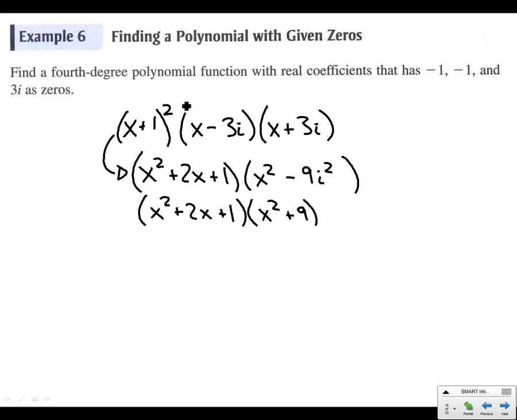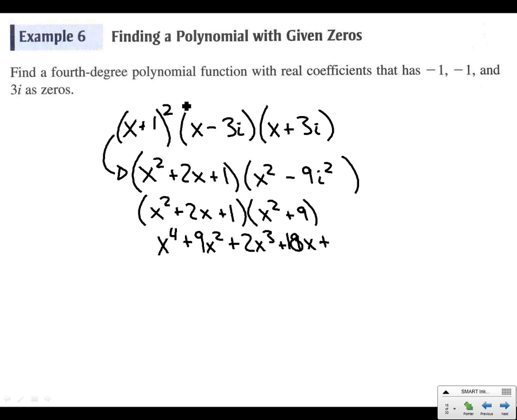Okay, and now we're going to multiply the whole thing out, and so x squared times x squared is x to the 4th, and then we'd have plus 9x squared. We'd have 2x cubed plus 18x.